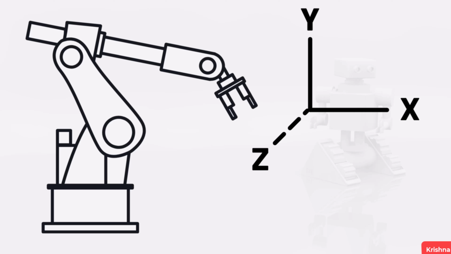Now, the degree of freedom of a robot typically refers to the number of movable joints of a robot. A robot with 3 movable joints will have 3 axes and 3 degrees of freedom. A 4-axis robot will have 4 movable joints and 4 axes, and so on.